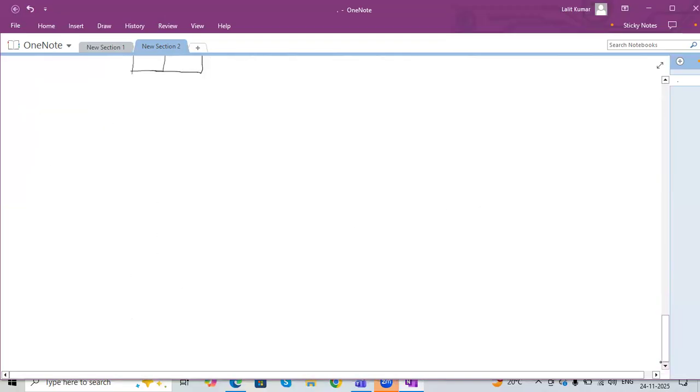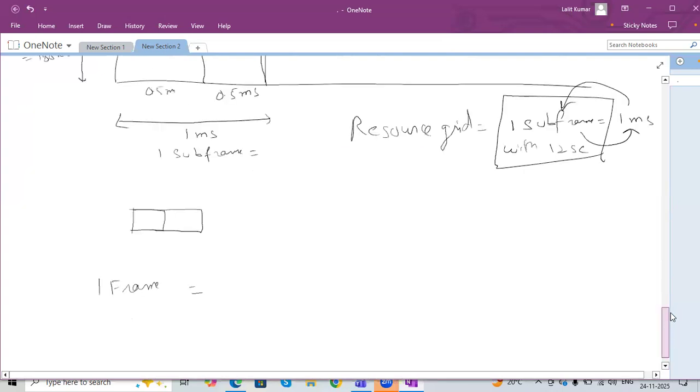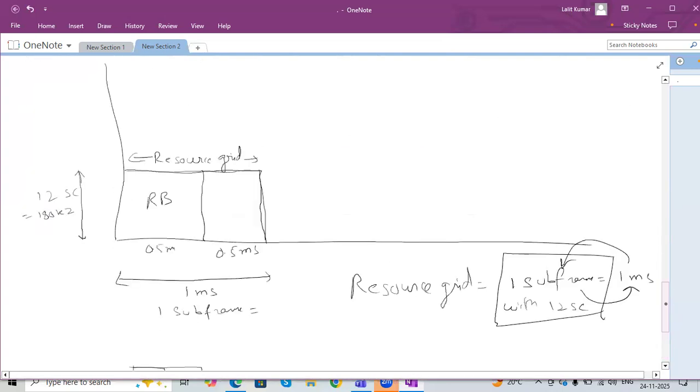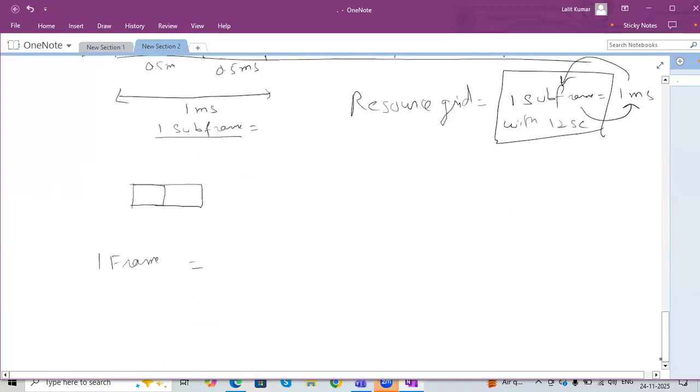Okay, so I will summarize a few things. One frame, I didn't cover here. So this is one subframe. When 10 subframes come, that will be called one frame.